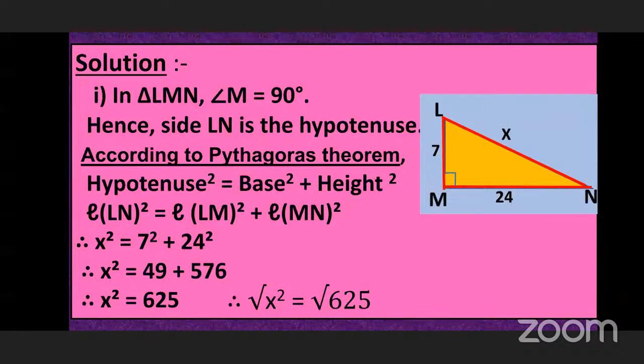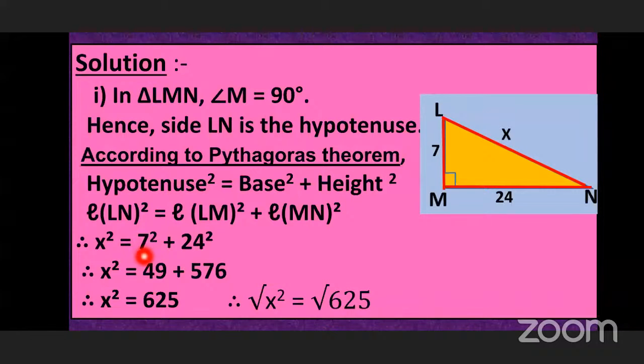There is a difference between square and square root. Observe here. The square of 7 is 49, and the square root of 49 is 7. That means we multiply 7 two times, we get 49.